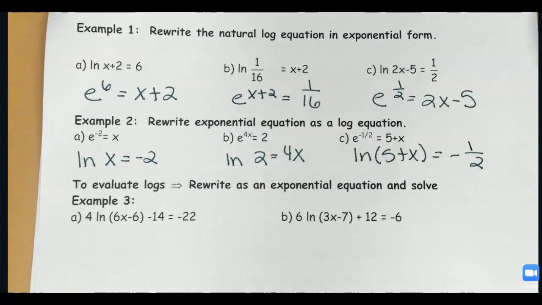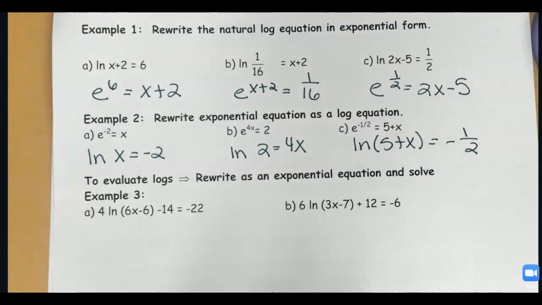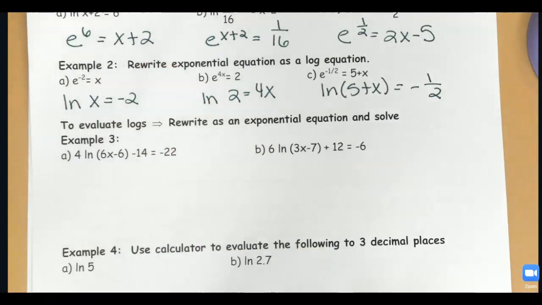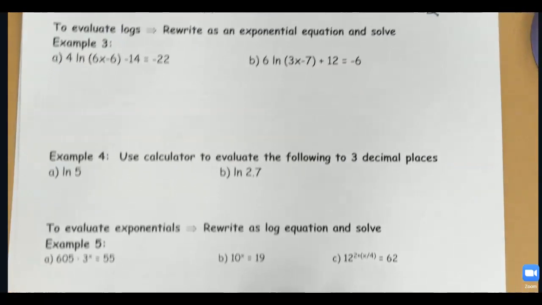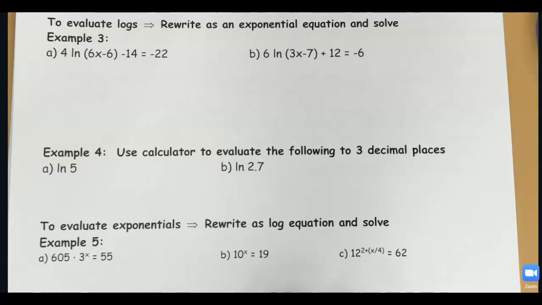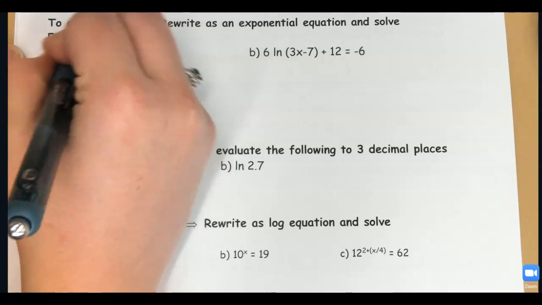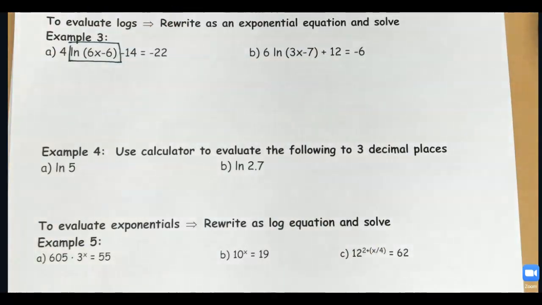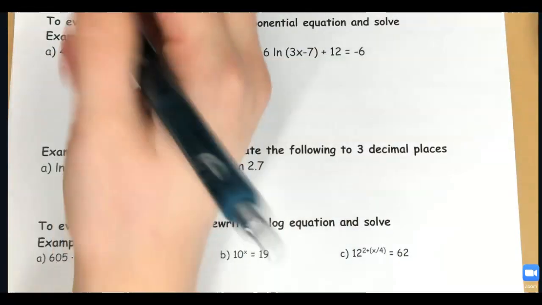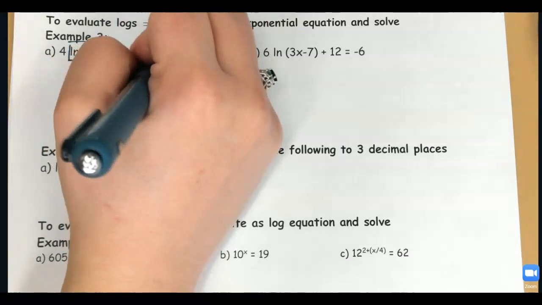We can also solve log equations with natural logs. Again, we want to convert it to an exponential, but first, if there's stuff surrounding it, I have to use algebra to get the log alone. So on this first example, I need the natural log of 6x minus 6 to be by itself. So I'm going to add the 14 first.